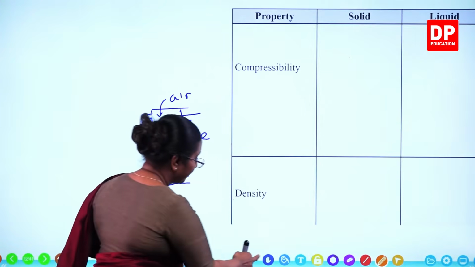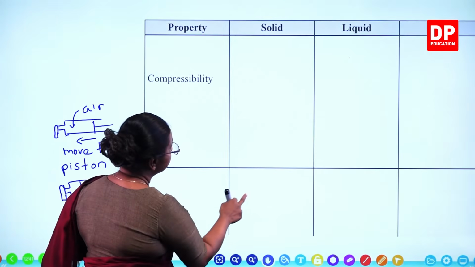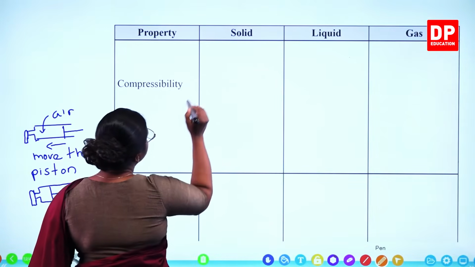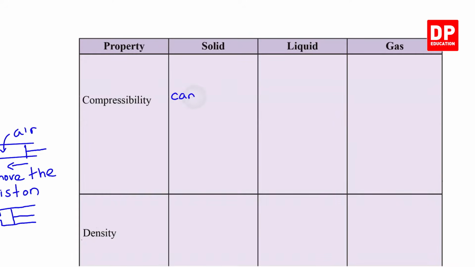So before I explain that, I will write the properties for compressibility. So here solid cannot be compressed easily.